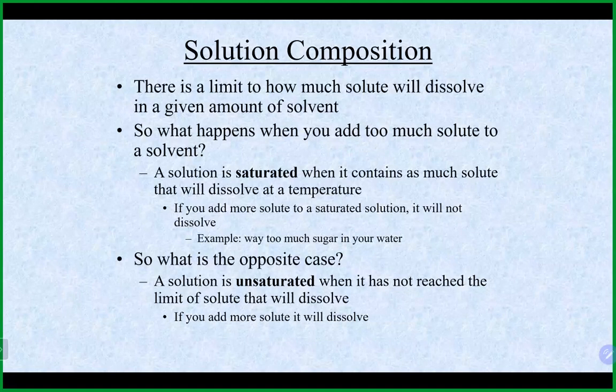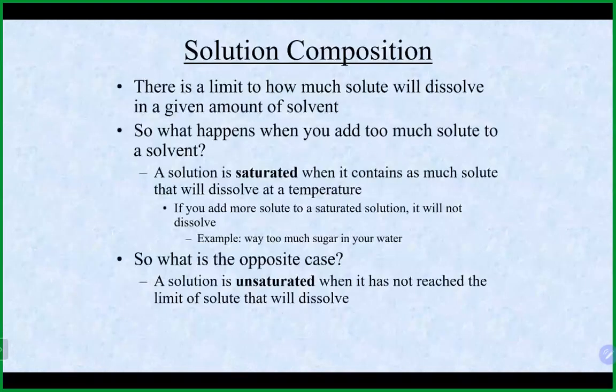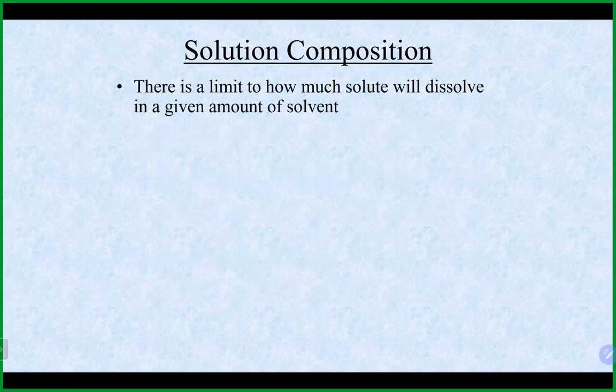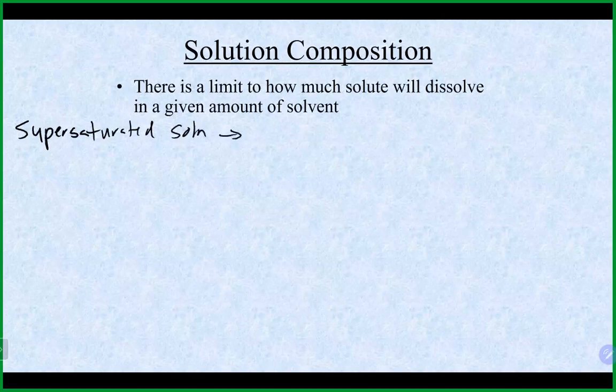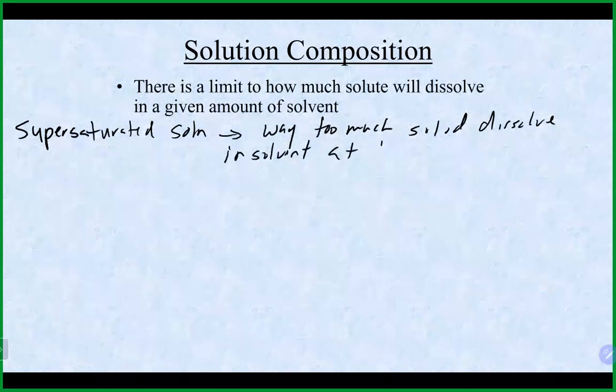There is another type of solution that we could talk about, which is a supersaturated solution. A supersaturated solution has basically way too much solid dissolved in it for that solvent at that temperature.